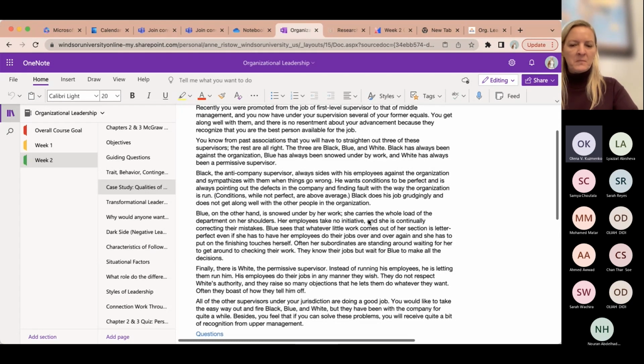For Miss Blue and the last one, White, I would also suggest either additional education or encouraging development of their leadership and managerial skills, mostly managerial, because they lack knowledge of delegation: how to delegate, how to move their teams and how to inspire their teams.